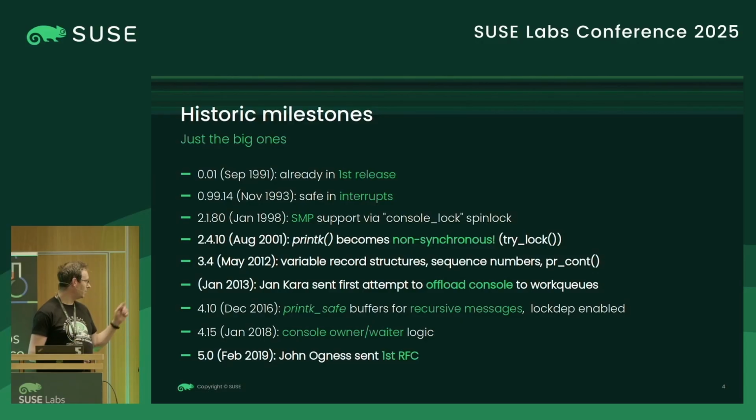But fortunately, in 2019, John Ogness from Linutronix sent the first patchset, which tried to upstream the RT solution. It was pretty similar to what we actually had, the attempt that Sergey and I put together. So we tried to explain to John all these troubles that we had with it and that were around it.